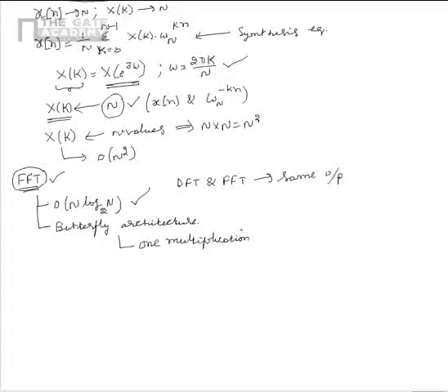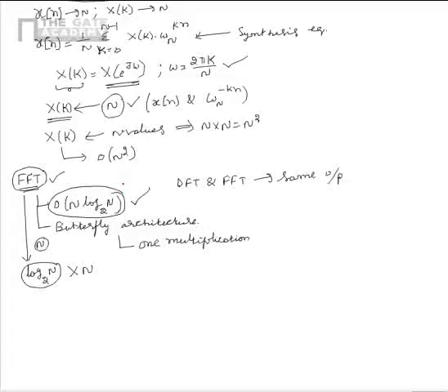Also, please note that for computing the FFT of a sequence of length N, there are in total log N to the base 2 stages, and each stage requires N multiplications. That's why in case of FFT, the number of complex multiplications is of order N into log N to the base 2.